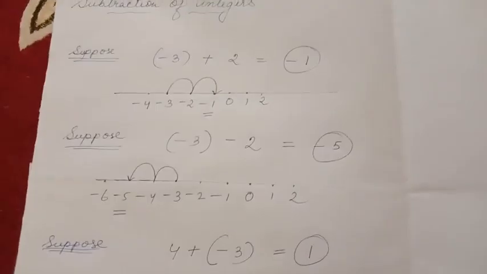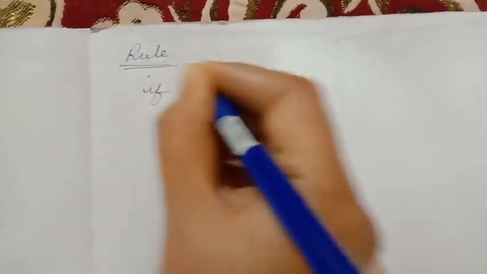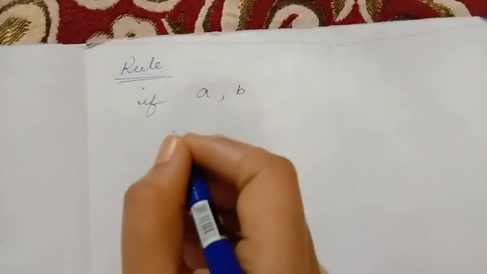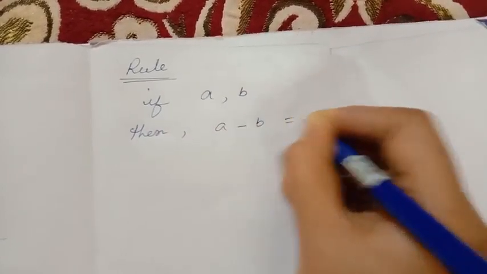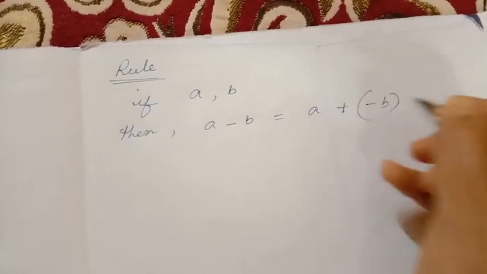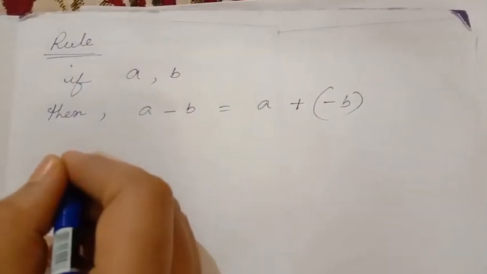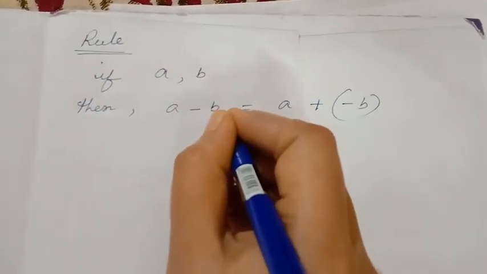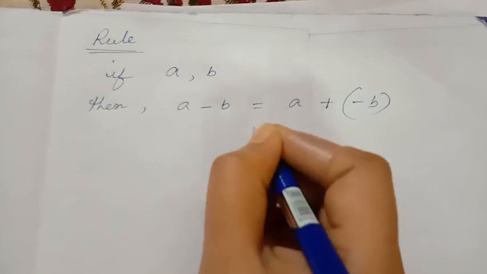Now, one rule of subtraction. If A and B are two integers, then we can say A minus B equals A plus in bracket minus B. For that, practically we have to change the sign of the integer to be subtracted and then add the two integers by following the addition method.